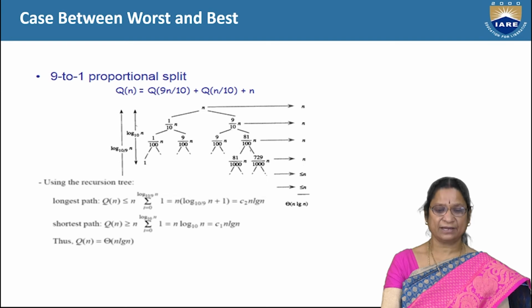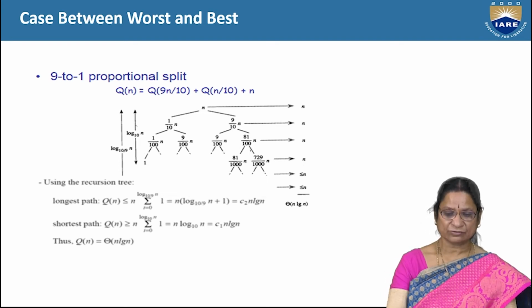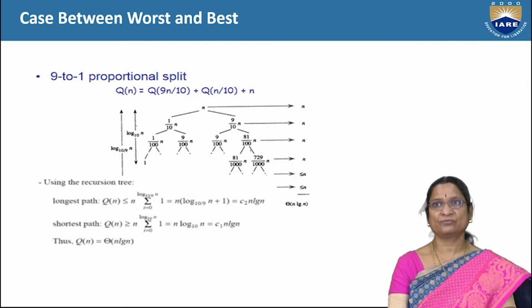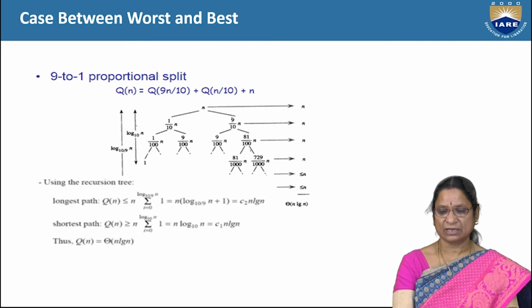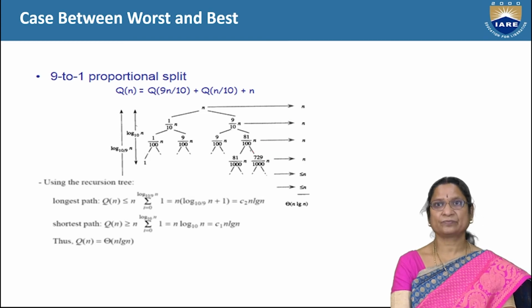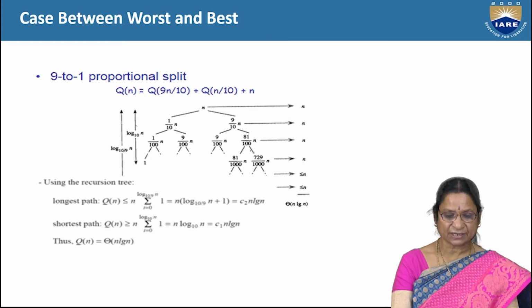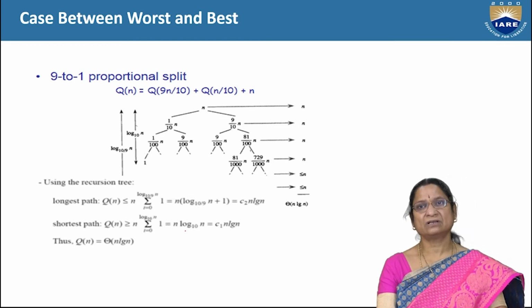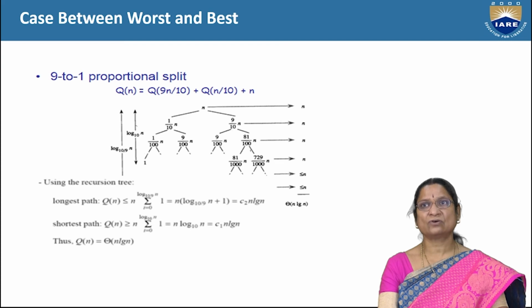Division is carried out, so the size of the height of the tree is going to be order of n. You observe in this case also n work is taken every time by the partitioning. So using this recursion tree, the longest path is going to be n log n and the shortest path is also n log n. So that's why the quicksort average case is also order of n log n.